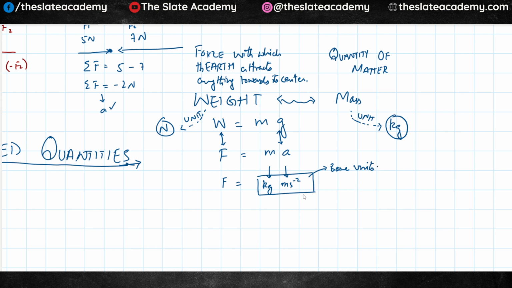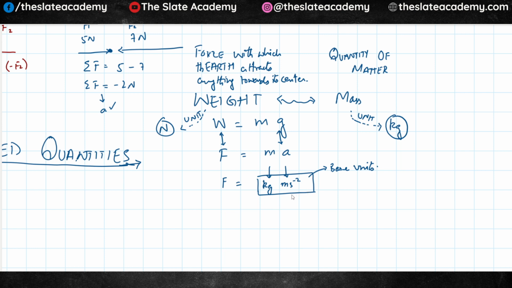In A levels, you get these questions quite often that you're given a quantity and you're asked to calculate the base unit. So you'll have to calculate the unit of that quantity in terms of the units of those seven fundamental quantities that we have discussed before. Okay.